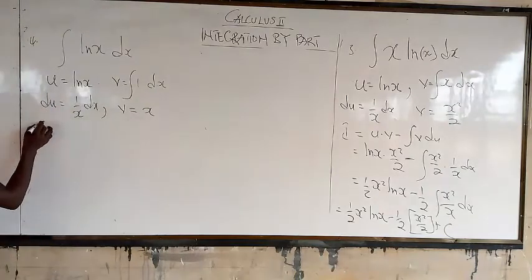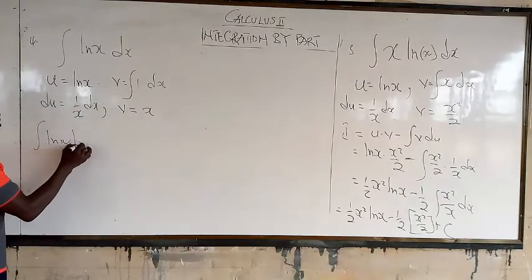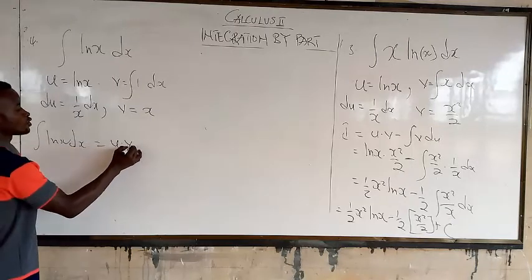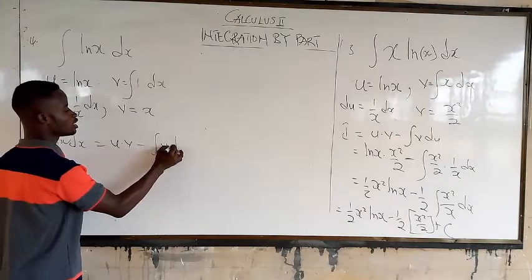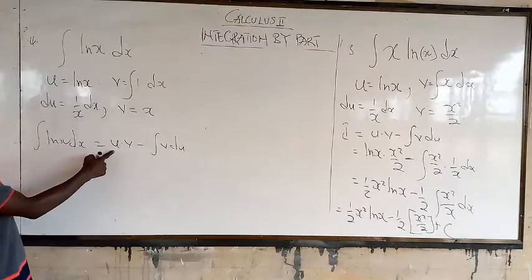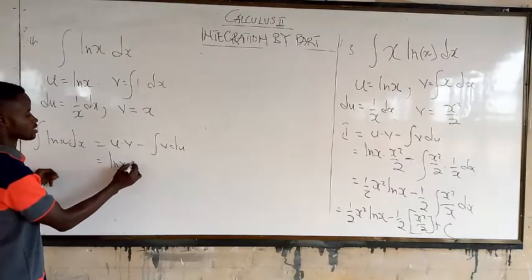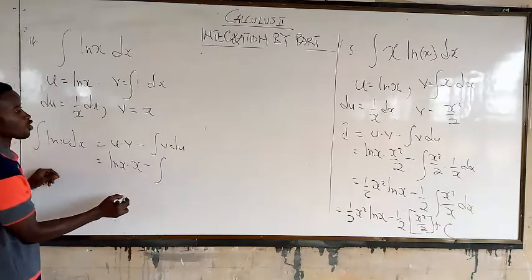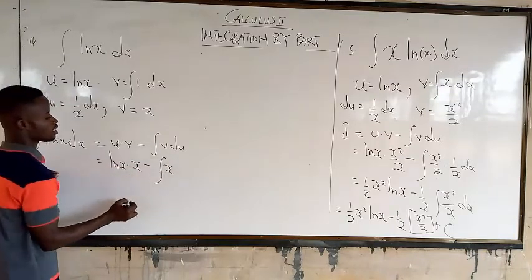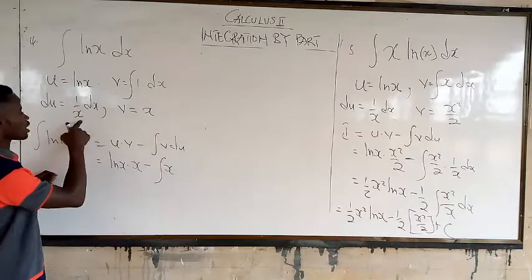So by substitution, integral of ln s ds is going to be u v minus integral of v du. And u is what? Ln s. V is s, minus integral of v is s, then du is what?